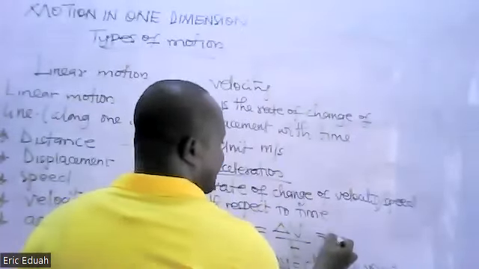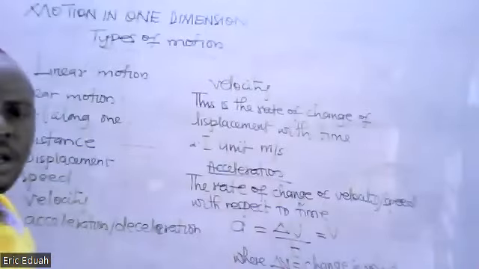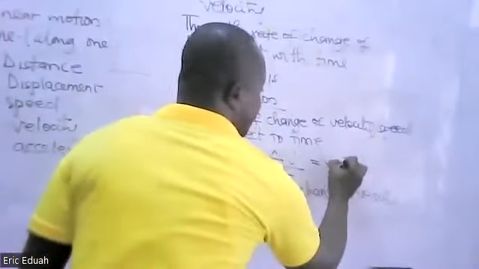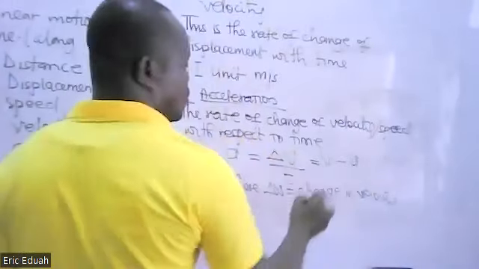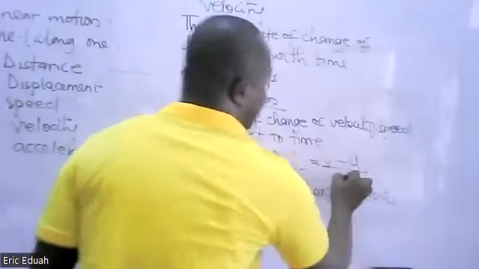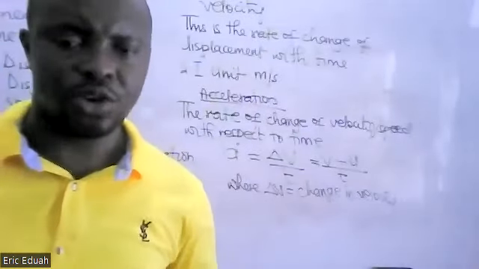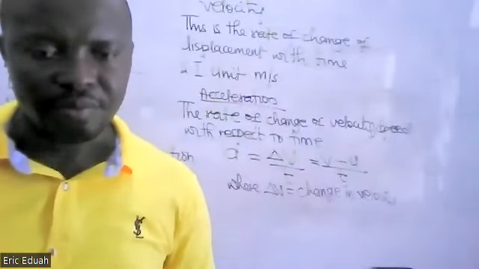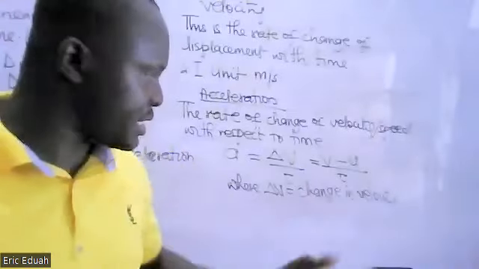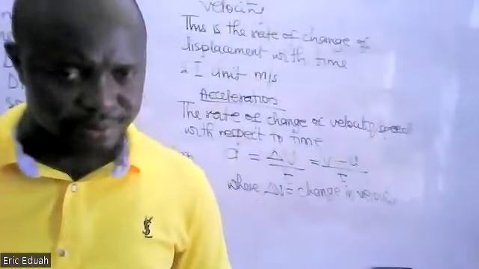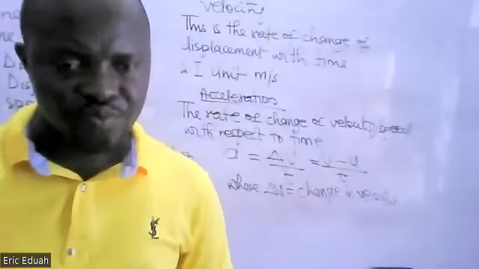So a final velocity v minus an initial velocity u, all divided by time, would give you the acceleration of a body. When we begin to solve questions with this, you will appreciate it so much.